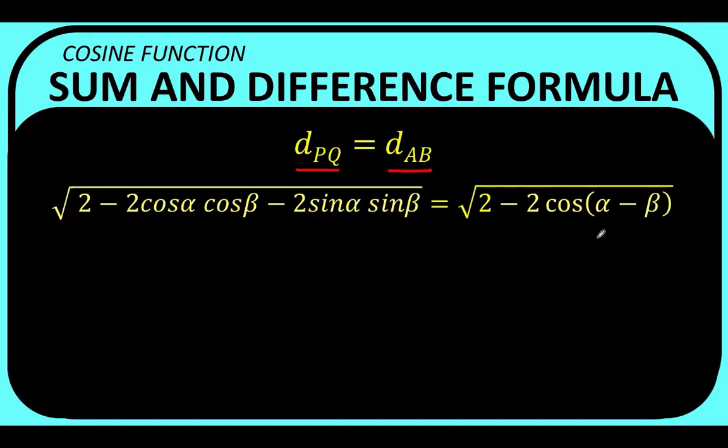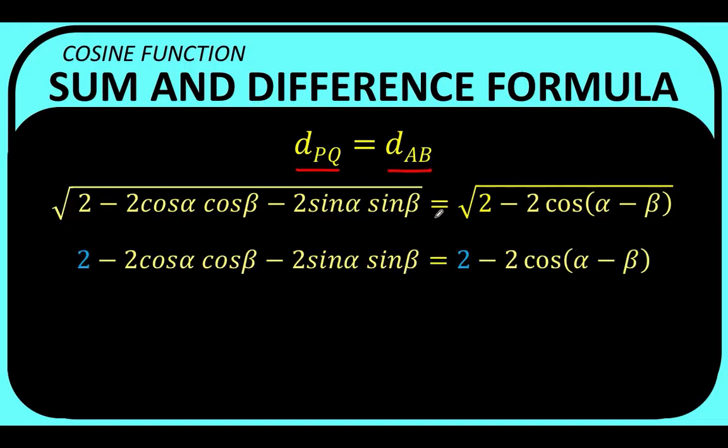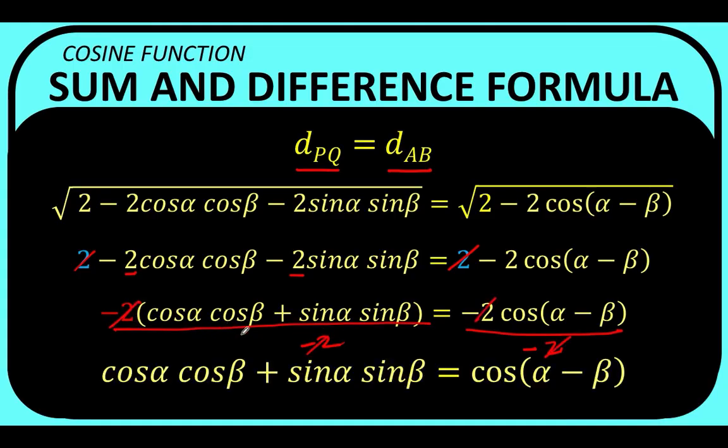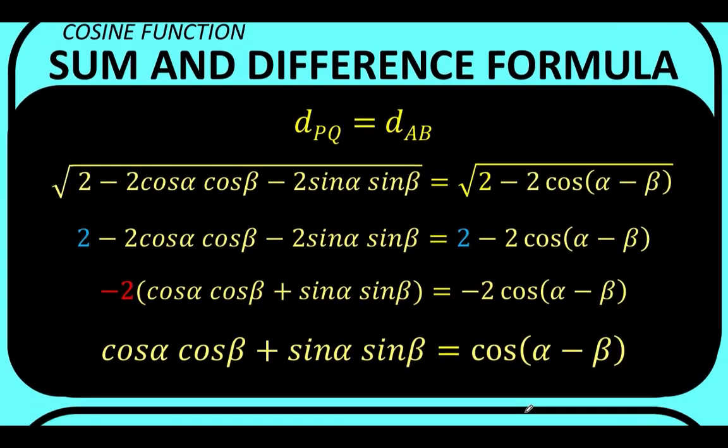Now we square both sides to eliminate the radical symbol, and we notice that you have here 2 and another 2 which we can cancel out, and so we now arrive at this last line. We can also factor out this common factor of 2, and dividing both sides by -2, we now arrive at cosine alpha cosine beta plus sine alpha sine beta is equal to cosine of alpha minus beta, which is now our difference identity for the cosine function.